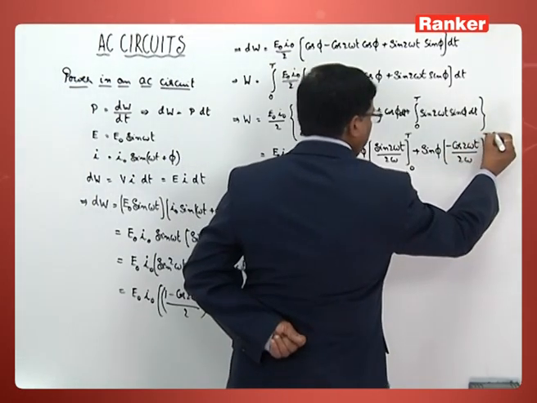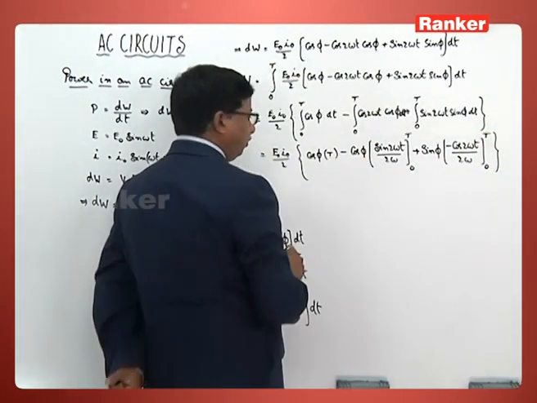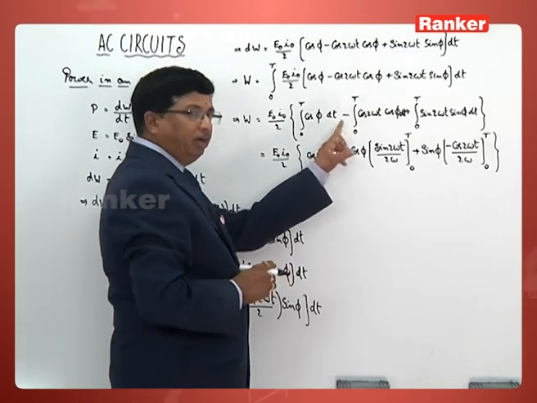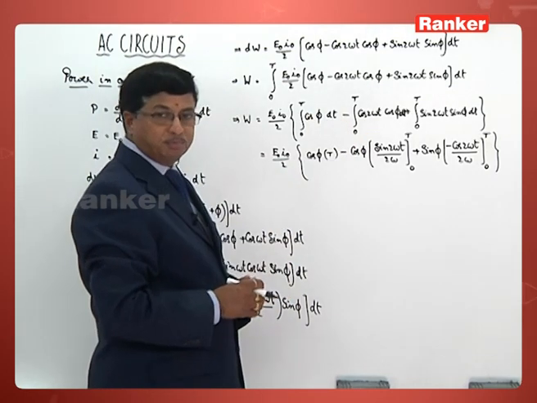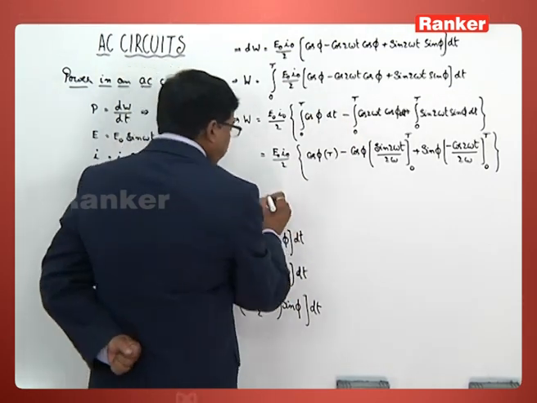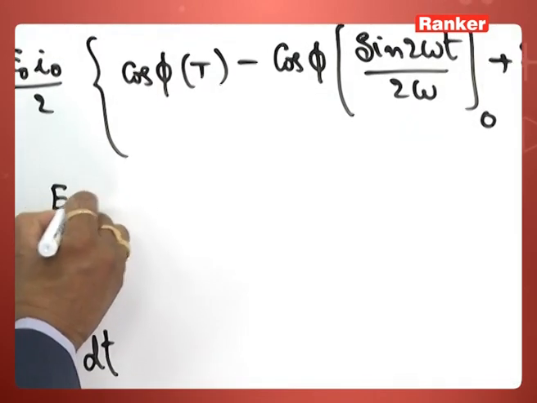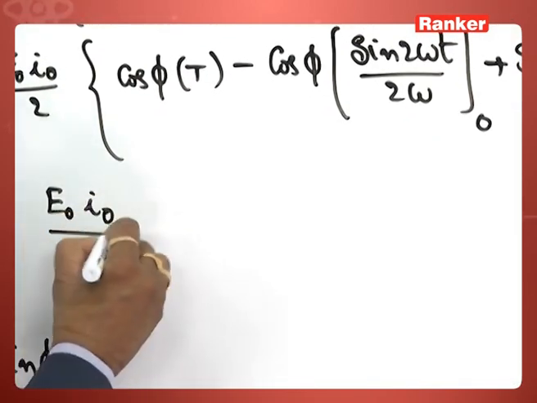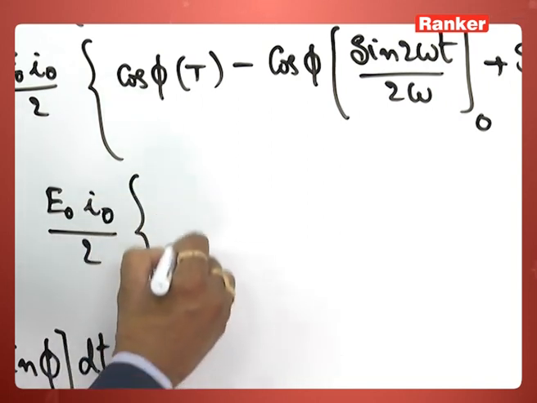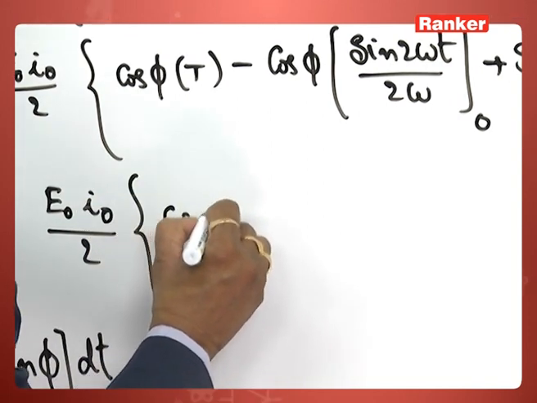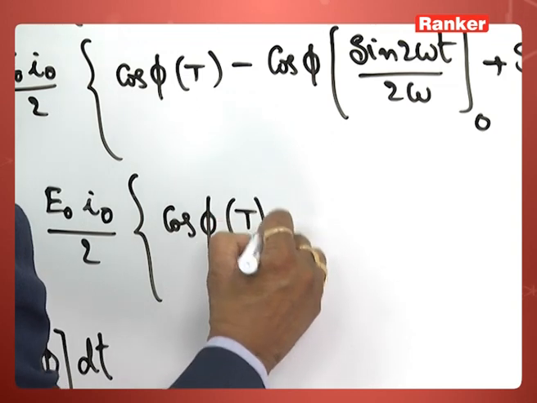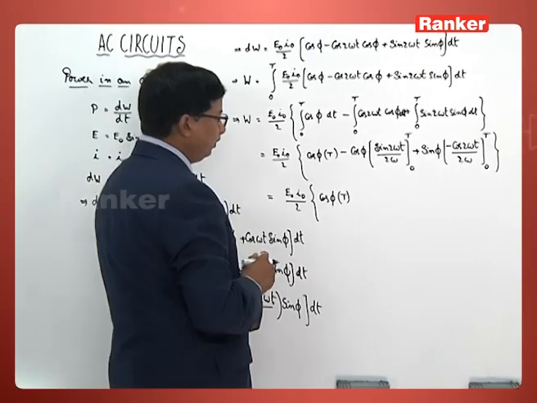This is the total value we can expect after integrating the above equation. Now the case is E naught I naught by 2 into cos phi into t, till this extent same.